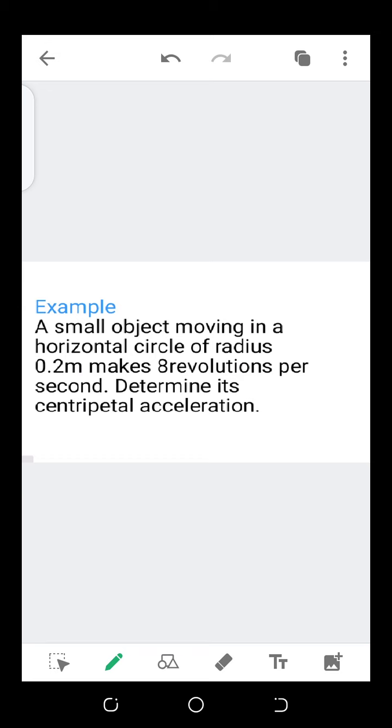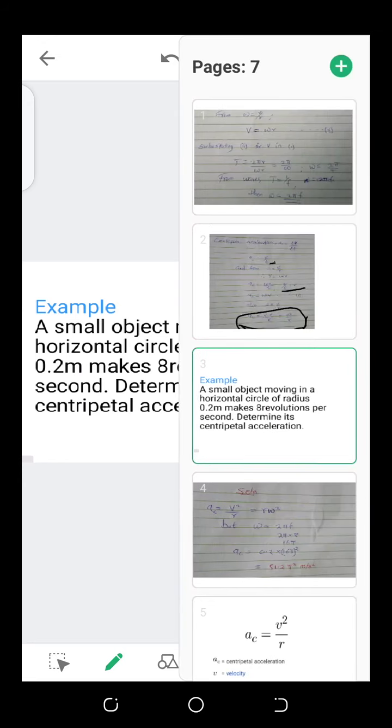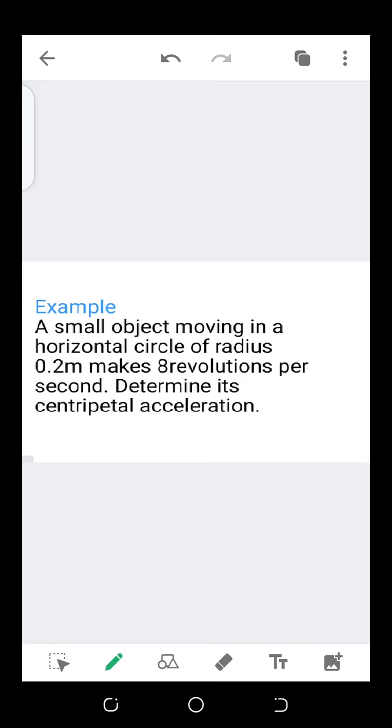And frequency is the number of revolutions made by a body that is moving round a curve per second. So the number of revolutions per second is our frequency. Now in our case here, what we have is a radius of 0.2 meters.